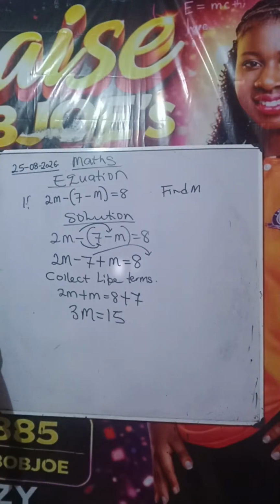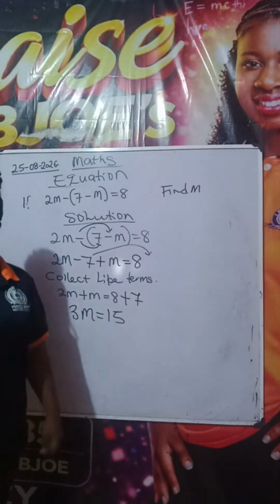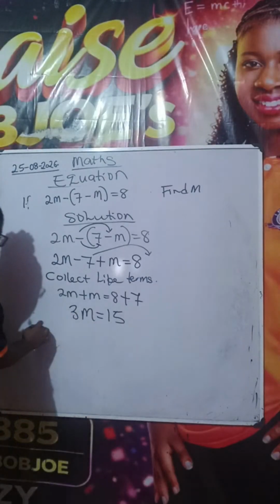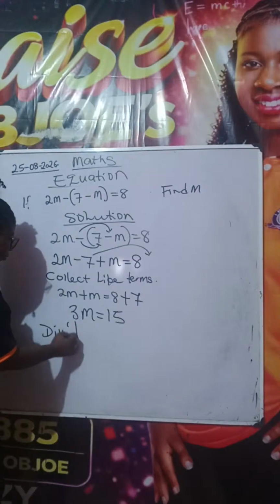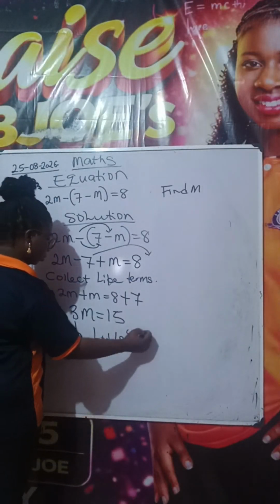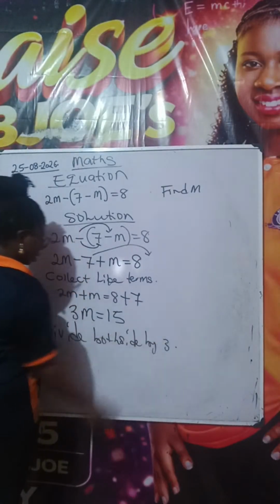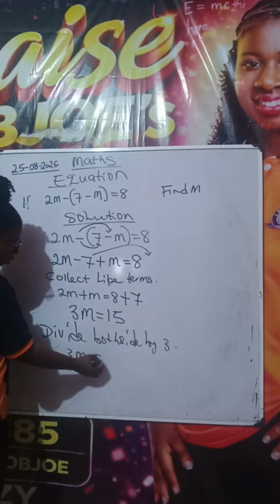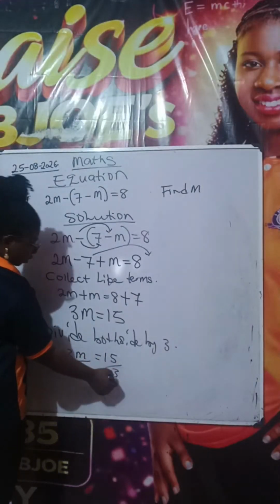So now all we need to do is divide both sides by 3. And that will be 3m over 3 equals to 15 over 3.